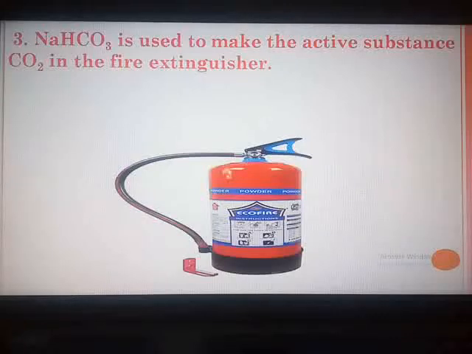And then we had seen the reaction of sodium bicarbonate with sulfuric acid. You had seen that entire setup of the fire extinguisher, and how carbon dioxide is released in that reaction.